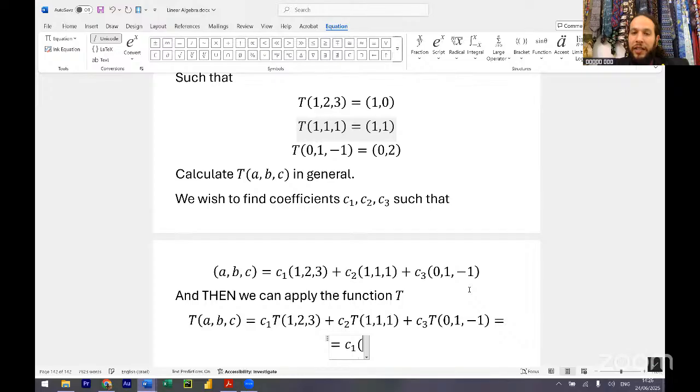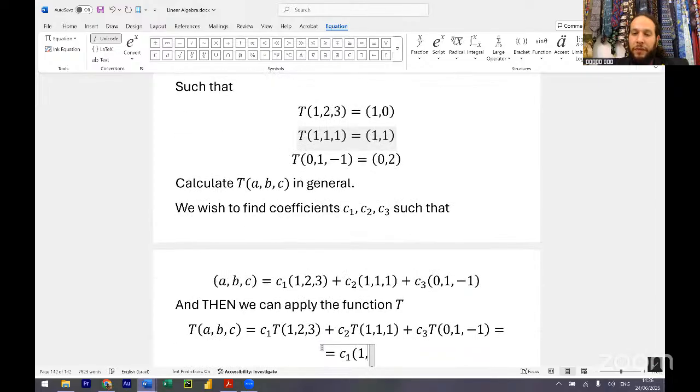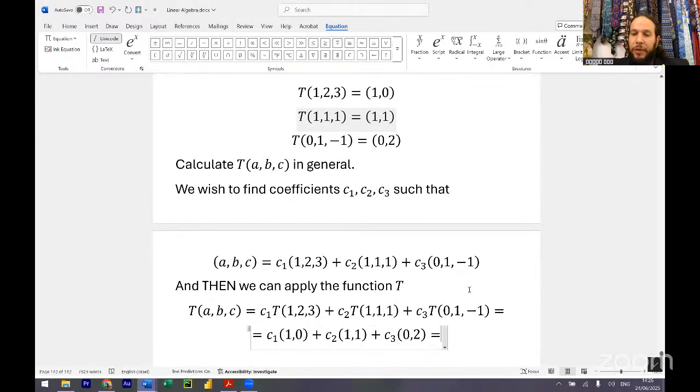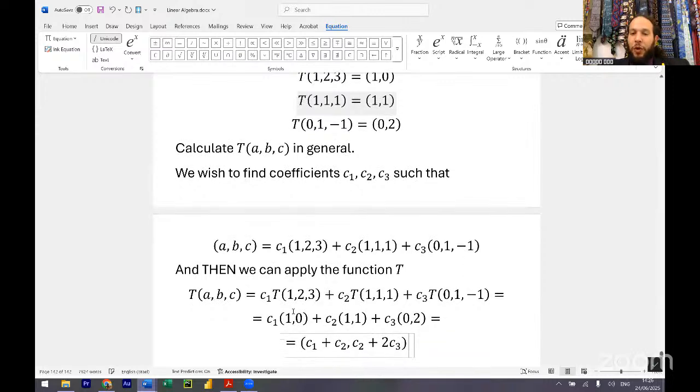It will be C1 times 1, 0 plus C2 times 1, 1 plus C3 times 0, 2, which can succinctly be written as C1 plus C2, C2 plus 2 times C3. And that will be our answer.